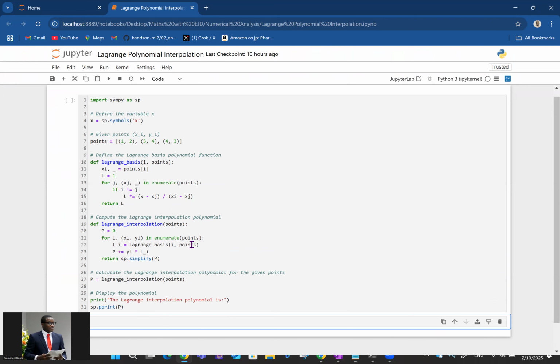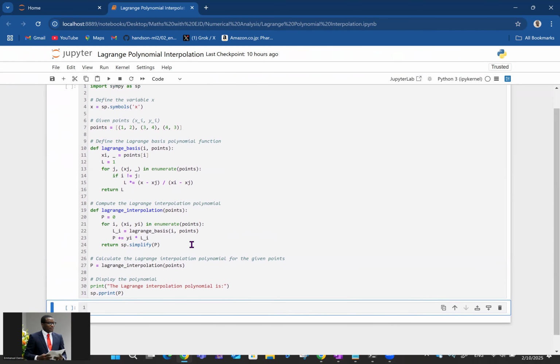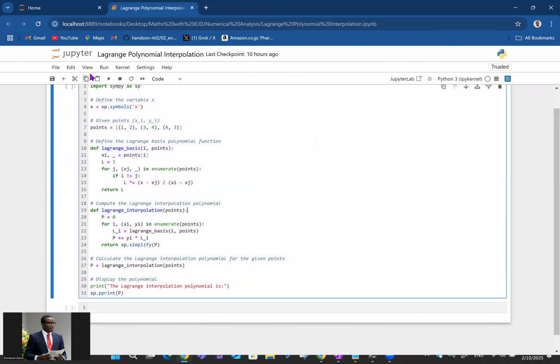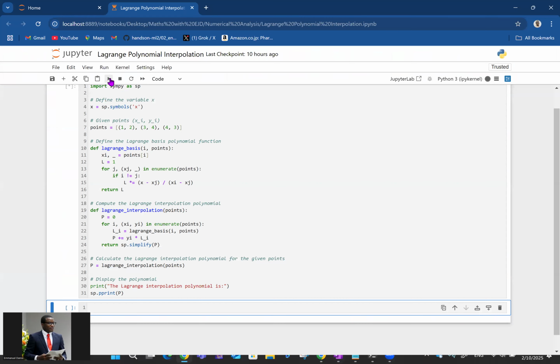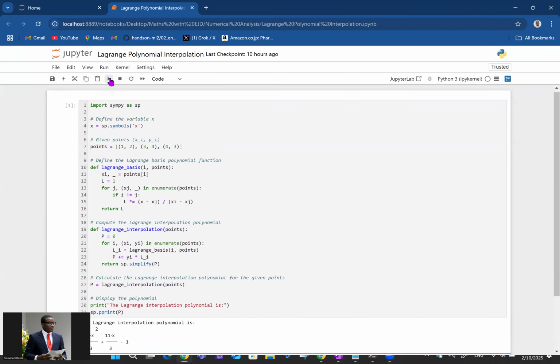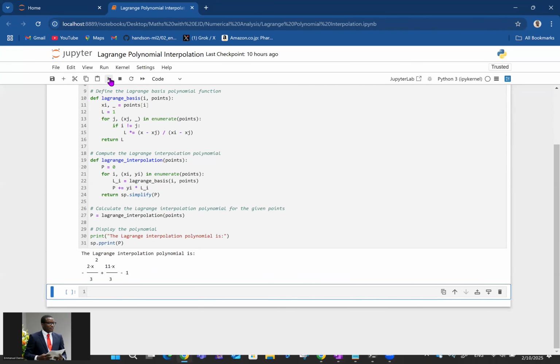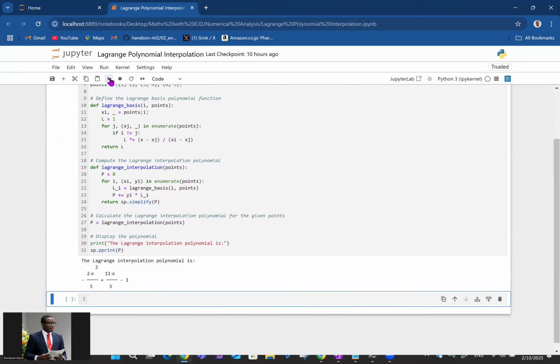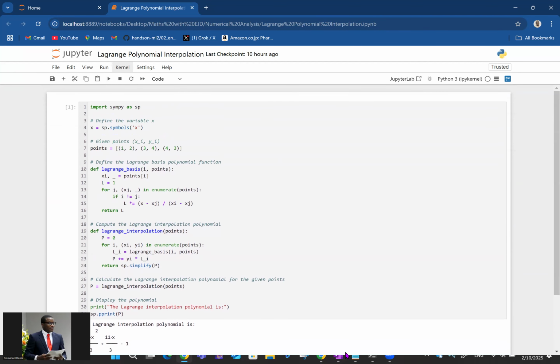So you just define this. So you can study this properly to understand how that works. So if I run this, it just gives me the result. So this is particularly good if you have many more data points. Like if you're working with a big data science project, you could actually use this. So the code will be useful in that situation. So that's how that goes.